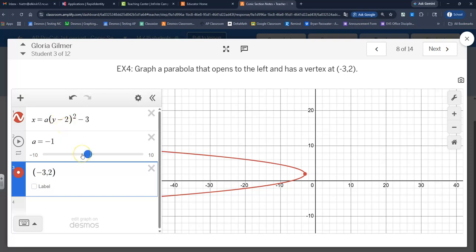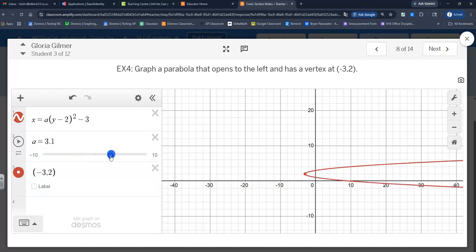So did some of you have to switch those numbers because you were thinking of it more like the last problem? And then to get this to open to the left, what did you have to do to the equation? We had to use a negative number over here for the a, right? In fact, this was a good one for me to click on here because Gloria used a slider right here.